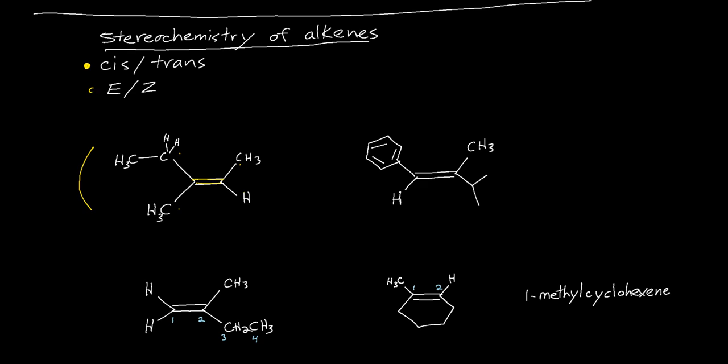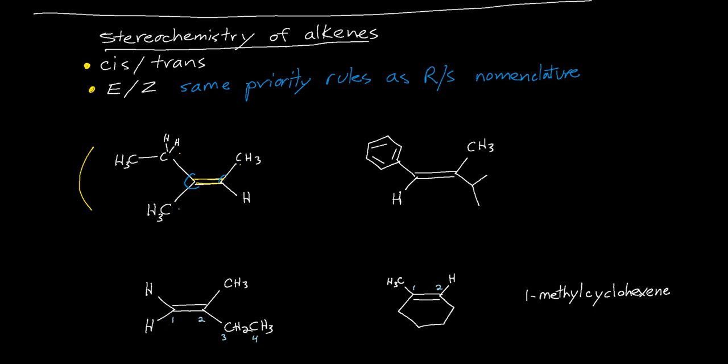That's the EZ nomenclature. So the EZ nomenclature is based on priority groups in the same way as R and S nomenclature. So same priority rules as RS nomenclature. And the difference is you don't have to do 4 groups because these are not chiral molecules, right?